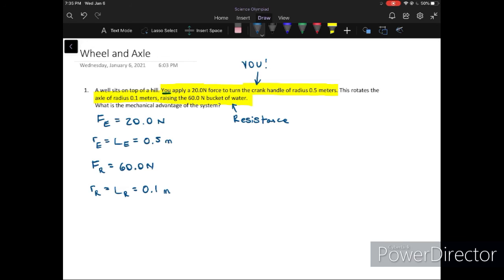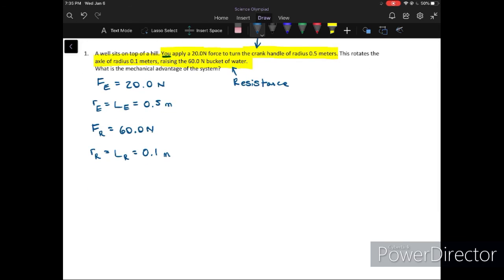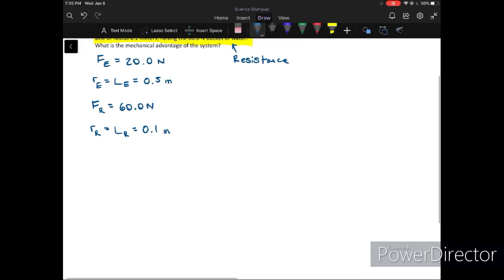Well, that's great. We then know from our equation for the mechanical advantage for a wheel and axle, remember our mechanical advantage equation is the length of our effort arm, or the radius of the effort arm, over the length of our load arm or resistance arm, or the radius of resistance, whichever you prefer.